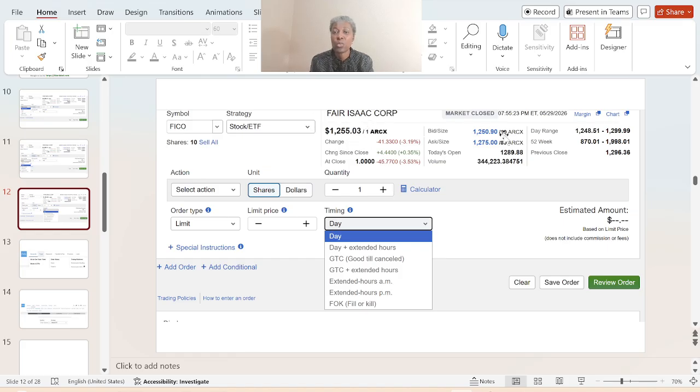The bid price will usually be lower than the ask price, but because I want to buy it that day, I will go with the price that is selling at the time I'm placing my order. I'll make sure I put limit, and then I'll click on review order after I set the quantity, and then place the order.